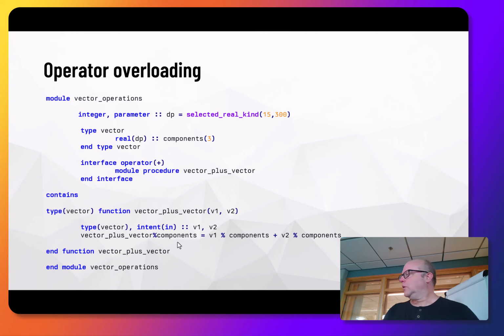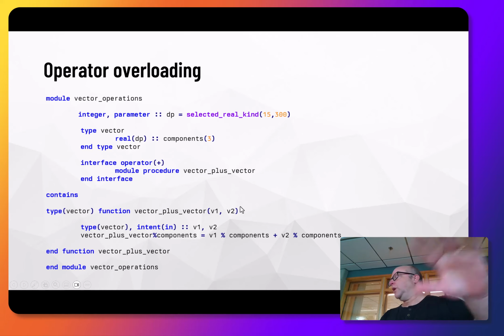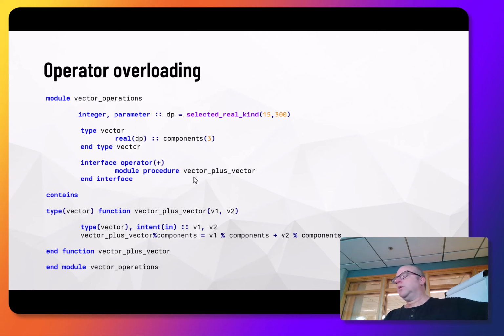This is a way of redefining it, but it will redefine the symbol completely for those operations. So in this case, it will redefine type vector plus type vector, nothing else. If you have some other operation, I think you get a compiler error, because with type vector plus 1, it doesn't know what to do.